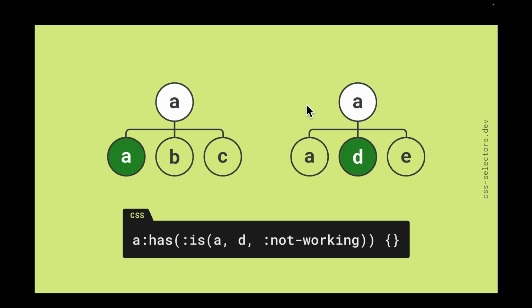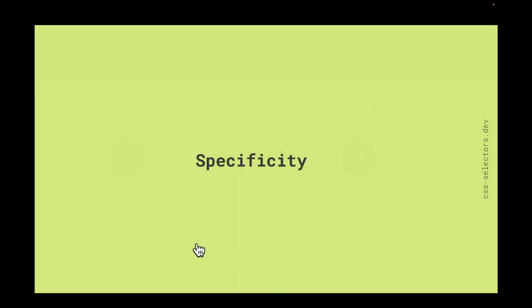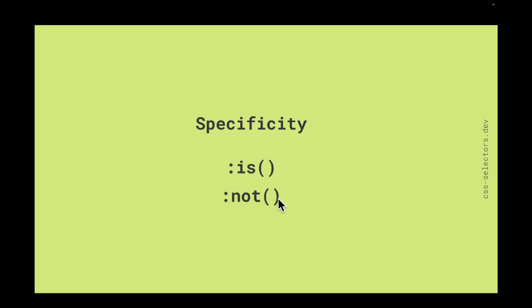As we learned in the previous video, if we want to lower the specificity, we can use the where pseudo-class instead of the is pseudo-class here. Awesome! Now, let's talk about specificity. The specificity for the has pseudo-class works similarly to the is and not pseudo-classes, so it follows the most specific selector in the arguments.